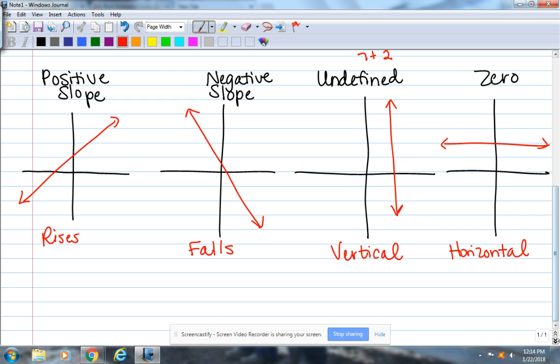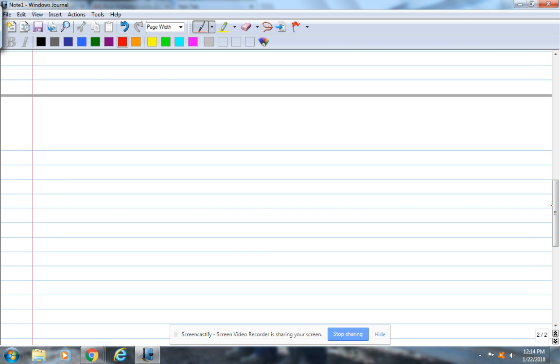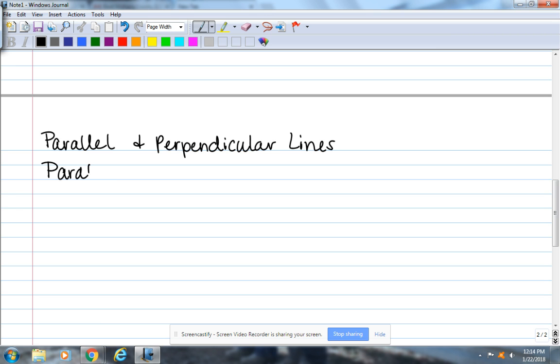So the last thing we're going to talk about in this section will be parallel and perpendicular lines. And we should remember from Algebra 1 and geometry that parallel lines have the same slope.